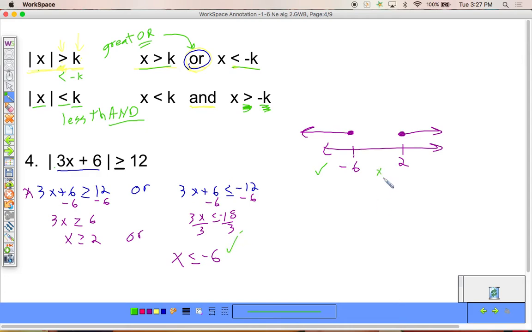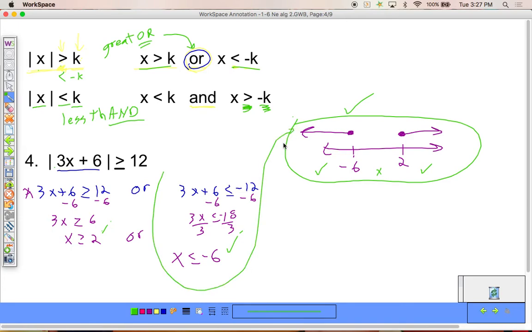If I pick a number in the middle, like 0, it won't work on either. And on the right, it's going to work on greater than or equal to 2. So I shade all of those. When it's an or statement, you give me as much as you can get. And that's our final answer right here. All this work kind of leads us to get there.